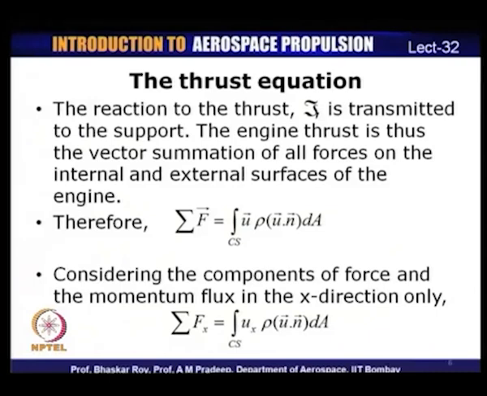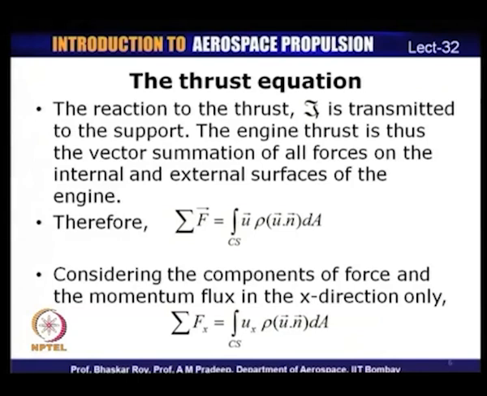So, u multiplied by rho times u dot n, which is the dot product of the velocity vector and the normal unit vector n, multiplied by dA, the area on which these velocities are taken. That gives us the mass flow rate, multiplied by u gives the momentum, and the change in momentum is the force. Now, as I mentioned, we are going to consider only components of force and the momentum flux in the x direction.